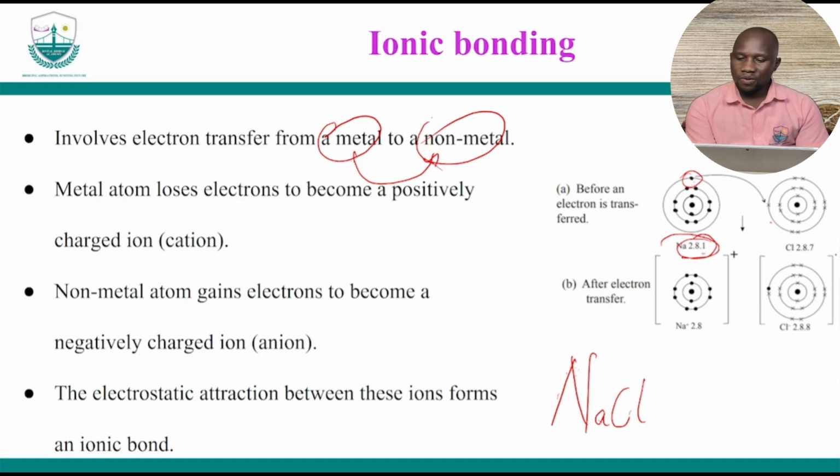And then chlorine, remember, has 7 electrons in the outermost shell. So when it gains that 1 electron, it becomes 8. That means it forms a stable compound, with 1 metal, sodium, donating 1 electron and the other accepting.